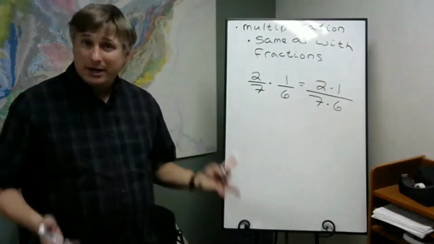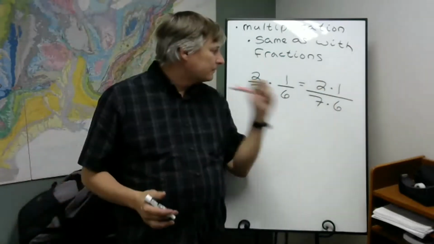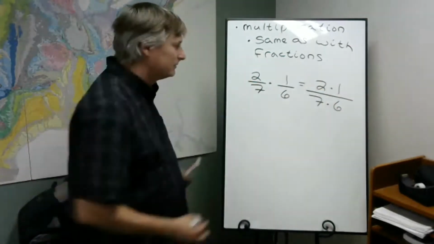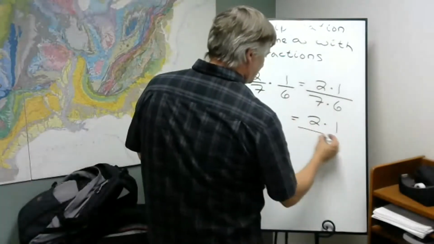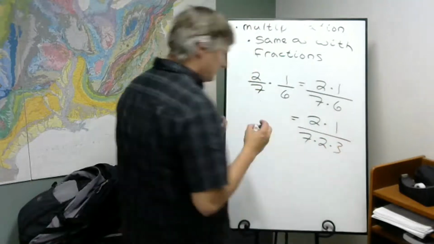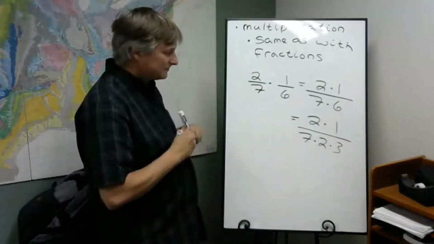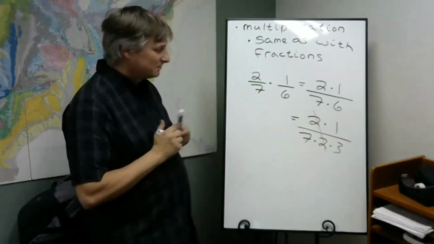Again, we just multiply directly across. And what happens here, though, we can break this down. So before we stitch everything up with multiplication, we can write it like so. The 2's will cancel.